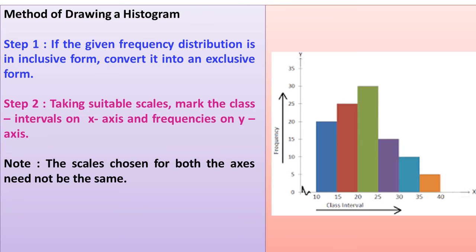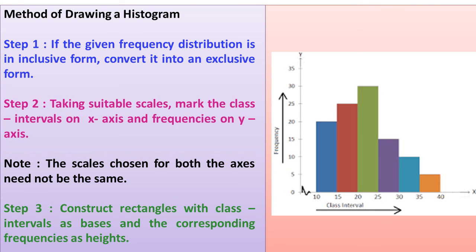Make a note of it, children. The scales chosen for both the axes need not be the same. And in the third step, we have to construct the rectangles with class intervals as bases and the corresponding frequencies as heights. So these are the rules and methods to be followed while drawing a histogram.